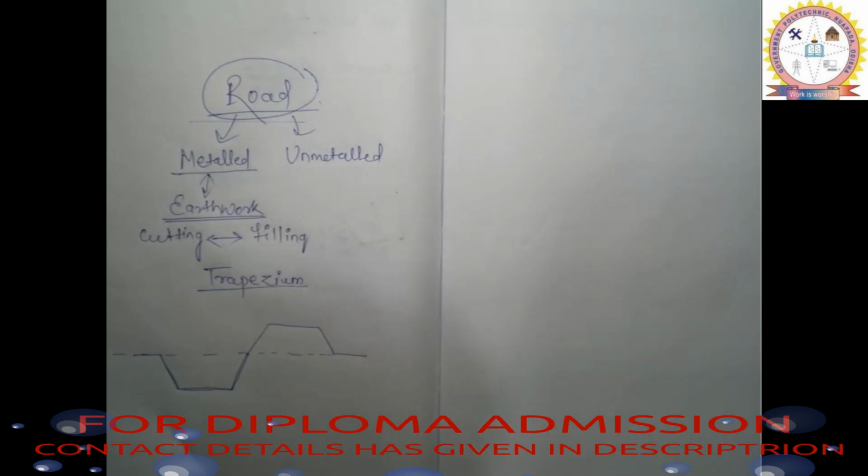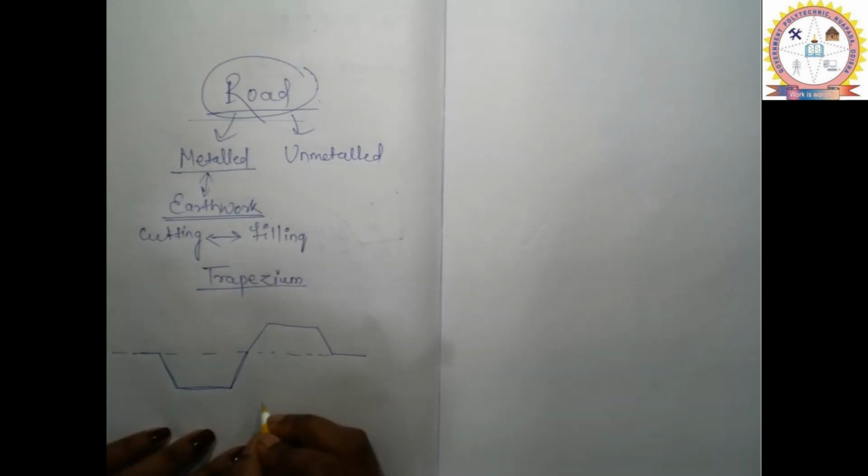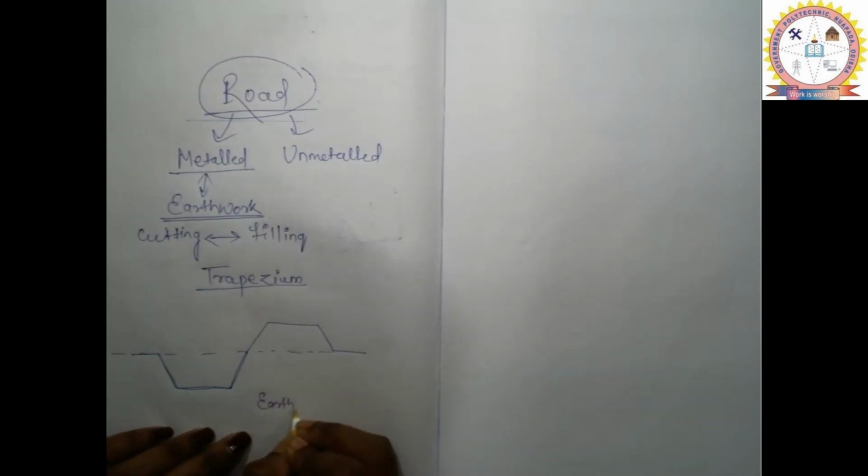Okay, so what do we have to calculate? Basically we have to calculate the earthwork. To calculate the earthwork, we have to calculate the volume, and to calculate the volume, we have to calculate the area. So which area are we going to calculate?